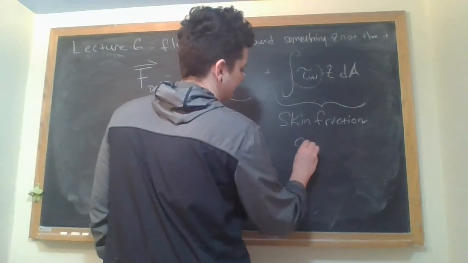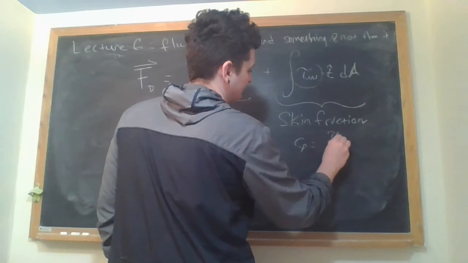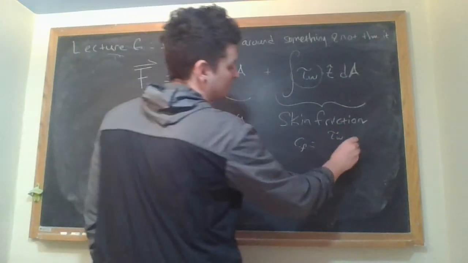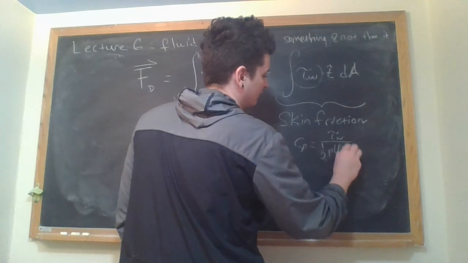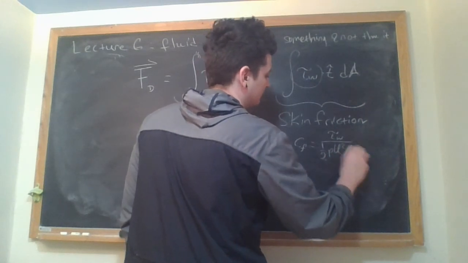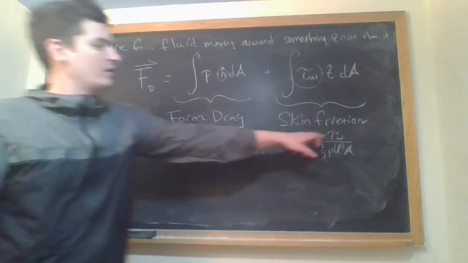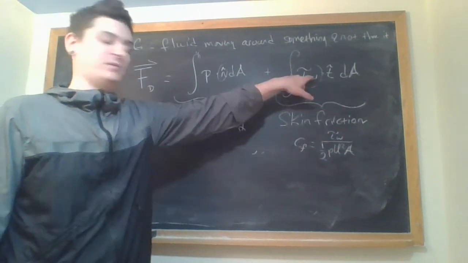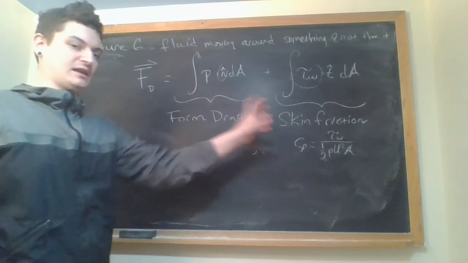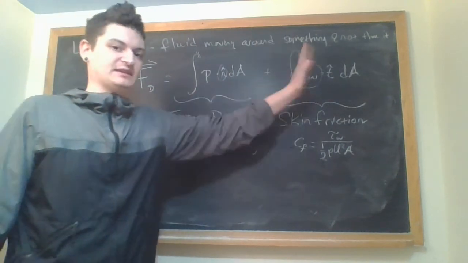We'll have that C_f is the shear at the wall divided by the dynamic pressure. So getting this value makes this value easy. That can then be plugged into this integral, say throughout a body, and you can calculate what this skin friction is.